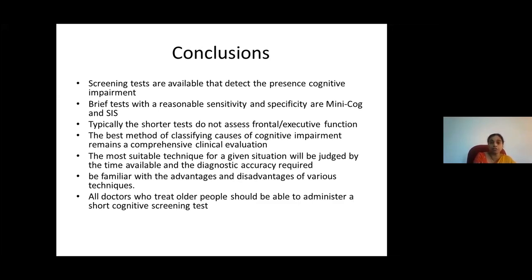Be familiar with the advantages as well as disadvantages of the various techniques. And all doctors who treat older people should be able to administer a short cognitive screening test, at least AMT4, to screen for cognitive impairment in older adults.